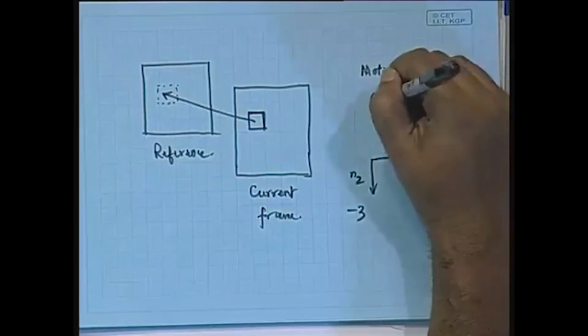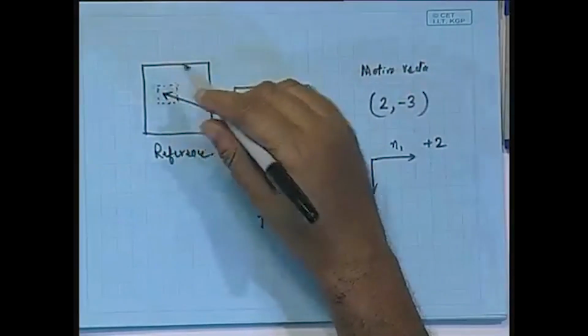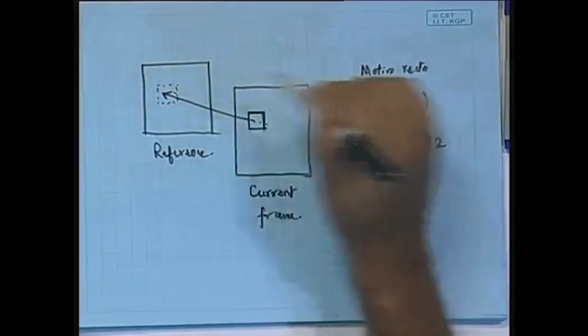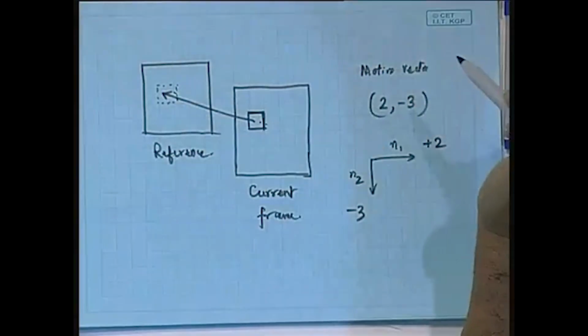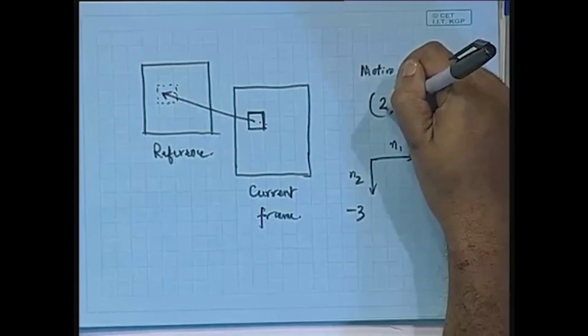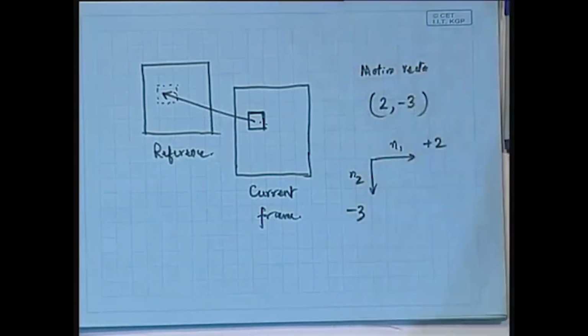In that case, by applying this motion vector, I will be able to find out which part in the reference image it corresponds to. Now, these motion vector elements are all integer elements, because we are estimating the motion as integer units, right.